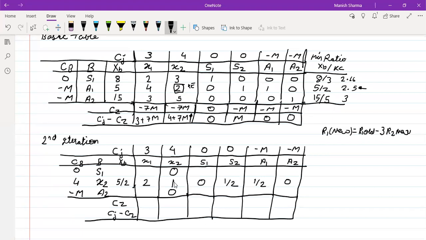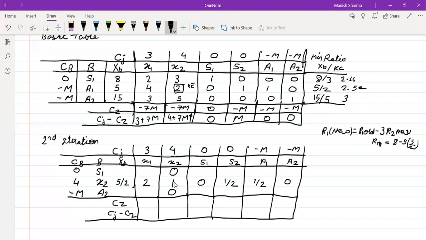So what we get is, for the first element of R1, R11 is equal to 8 minus 3 into R2 new, which is 5 by 2.